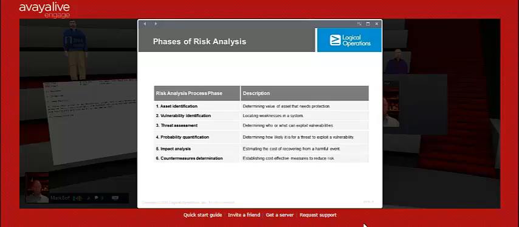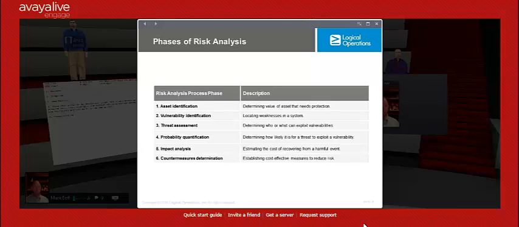Notice it says determine the value of the asset, and that can be a little soft and squishy. You may have a receipt from the store where you purchased the asset, but what if your asset is data? It's hard to put a hard dollar value on intellectual property, but I think you would all agree that your intellectual property has monetary value.